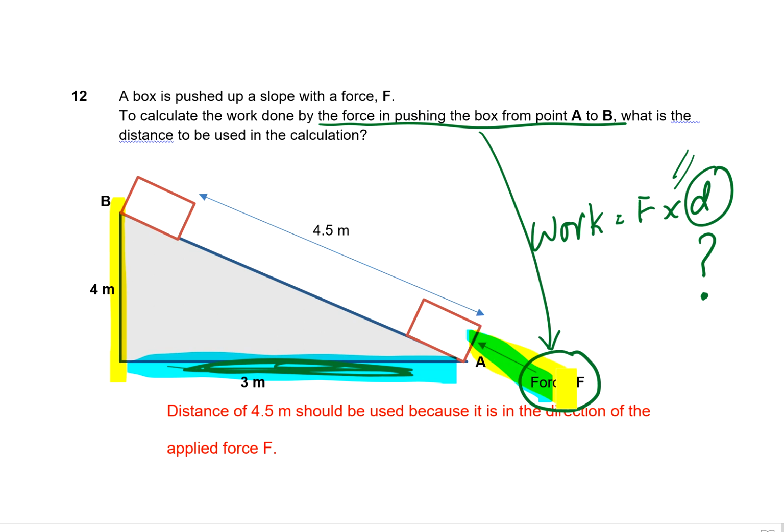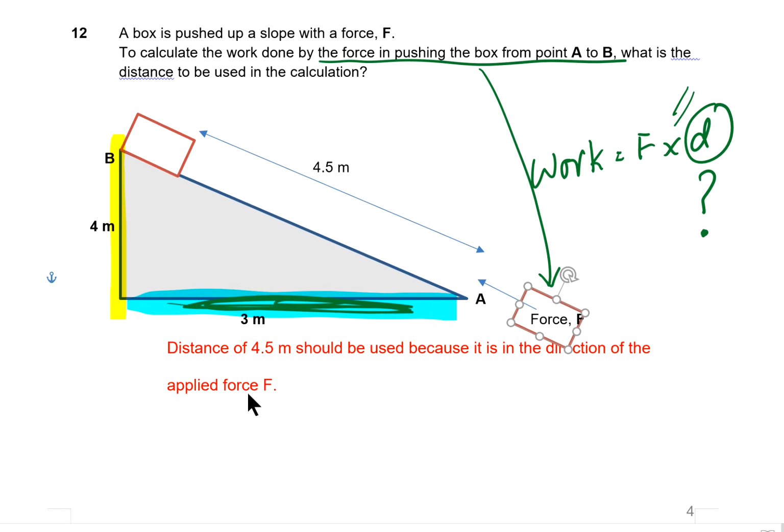Again, it is not parallel to this force, right? However, if you look closely, actually you don't have to look very closely because it's quite obvious. So if you look now, the force here and the distance of 4.5, they are parallel.